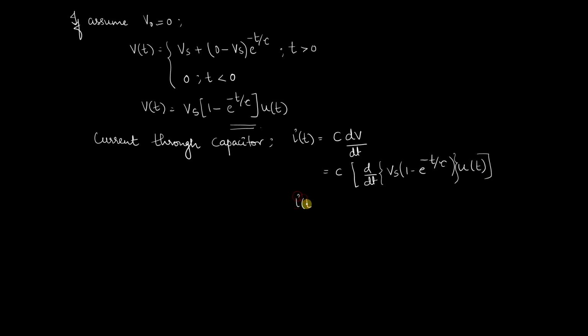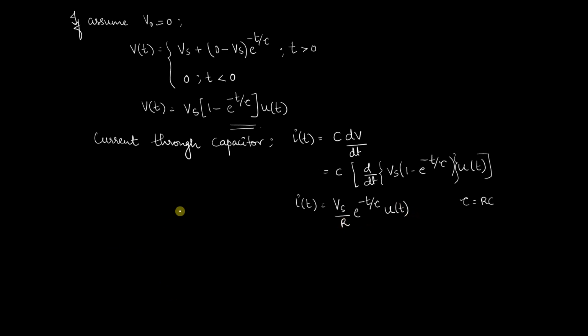So I can write I of t to be equal to Vs by R e power minus t by tau into u of t. Since the first term is 0 and the second term has tau, and tau is nothing but R into C, when you substitute, C gets cancelled and this is what you get.